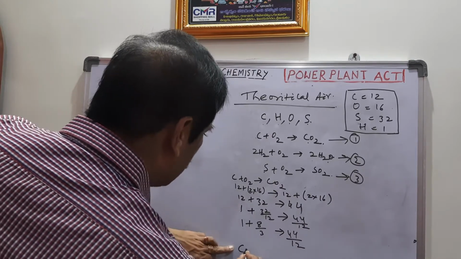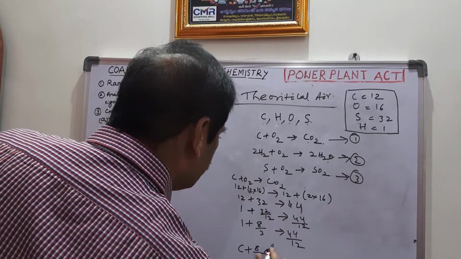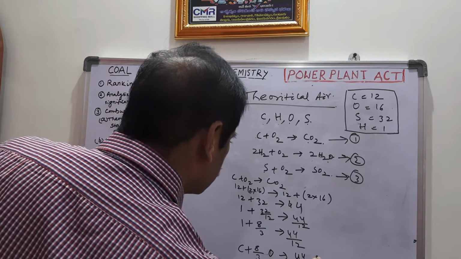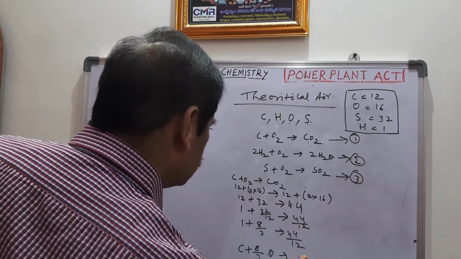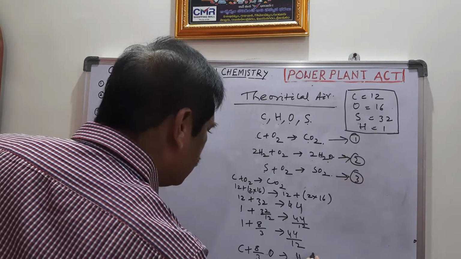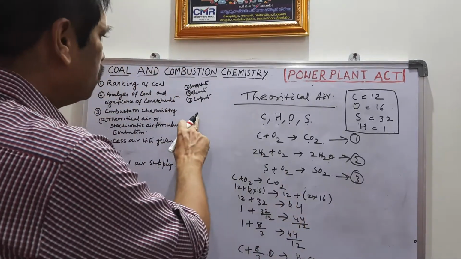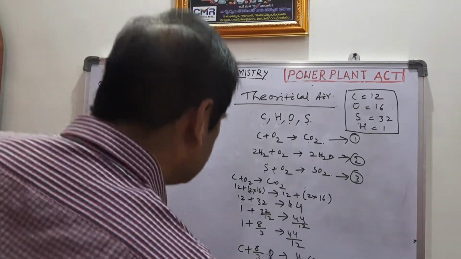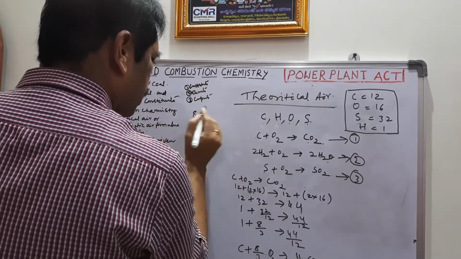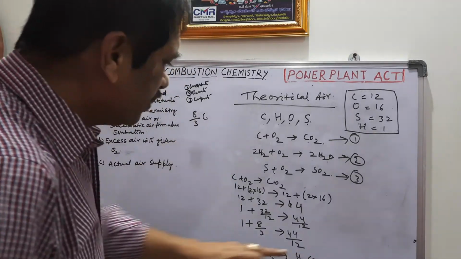When 1 kg of carbon is mixed with 8/3 quantity of oxygen, then 11/3 quantity of CO2 is going to be formed. So just keep in mind that 8/3 quantity of oxygen is needed for converting carbon to CO2. Okay.